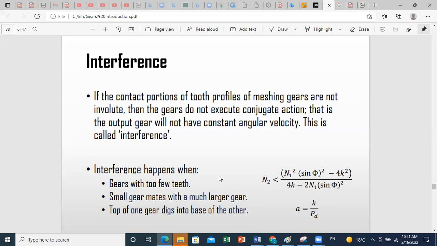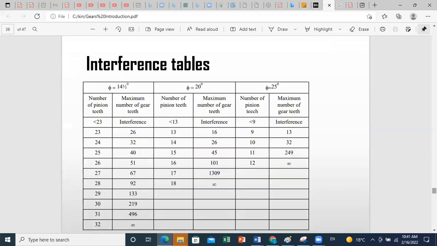We have a table of values that will give you the conditions to not have interference between gears. Okay, so this is, for example, an interference table. In a table, you can read what condition will avoid interference.